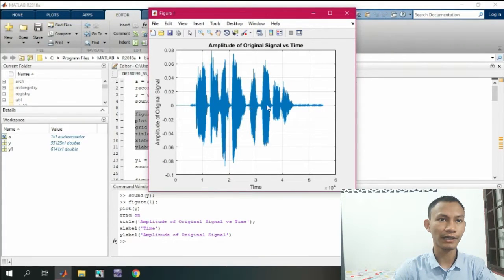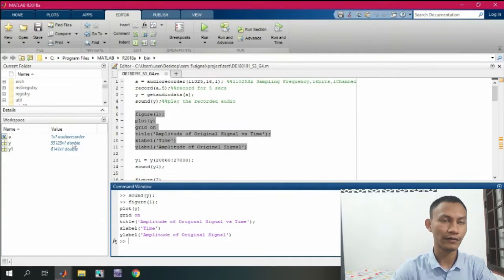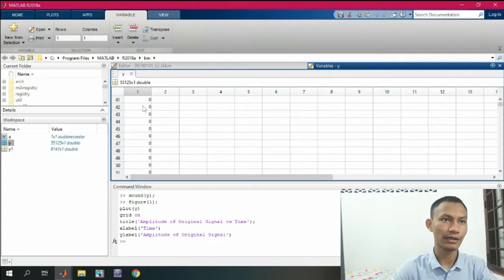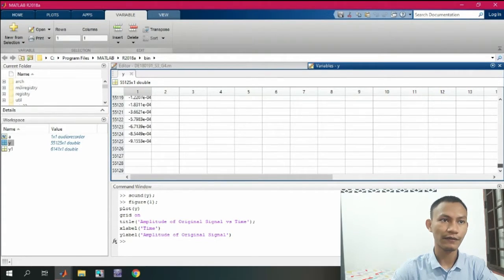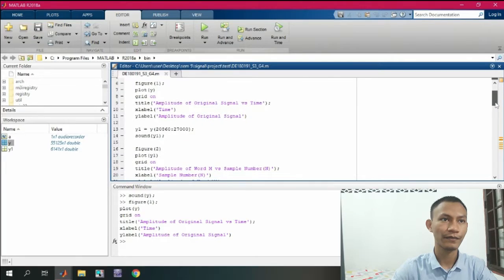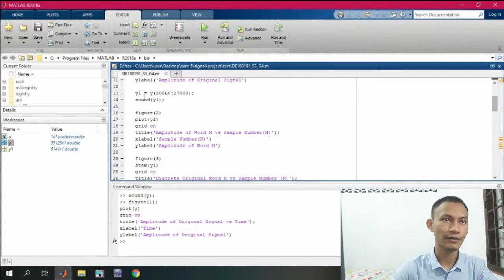We get all the samples of UTHM FKEE, which is 55,125 samples, and we can see all the data until 55,125 here.